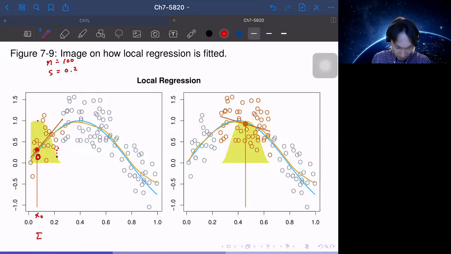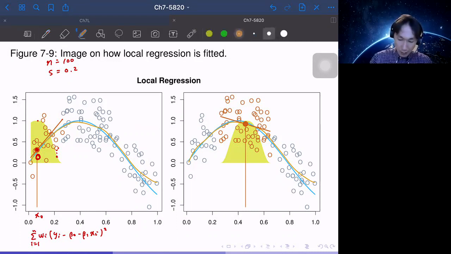So the sum of yi minus beta naught minus beta 1 xi, we minimize this quantity, but we put some weight. So we have the wi here. We minimize this quantity, and this wi is given by this green graph. So this is the wi.